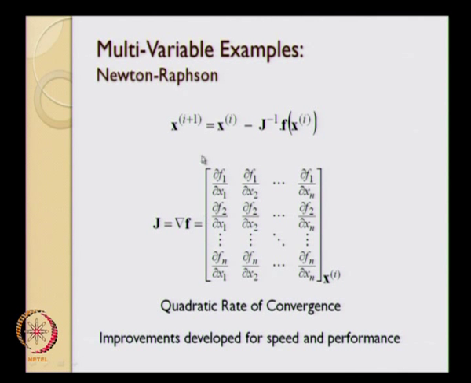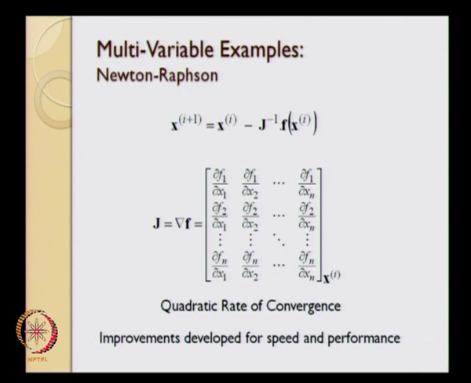So we essentially get this square matrix. These values have to be computed at the guess x bar at i, and we multiply that with the function value computed at x of i, and this is the iterative equation that we get. The multivariable Newton-Raphson's method also has a quadratic rate of convergence.